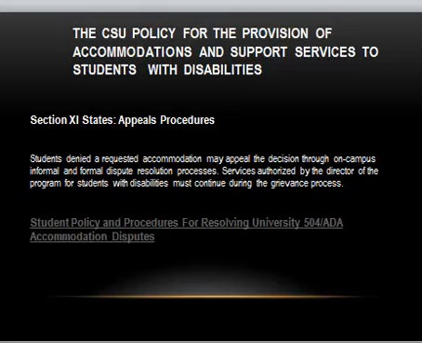Services authorized by the Director of the Program for Students with Disabilities must continue during the grievance process. Given on the web slide is a link to Student Policy and Procedures for Resolving University 504/ADA Accommodation Disputes.